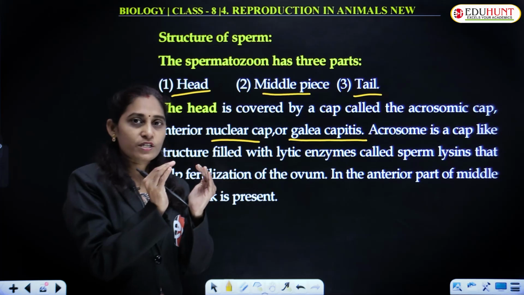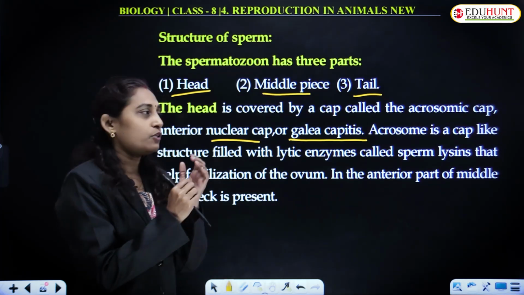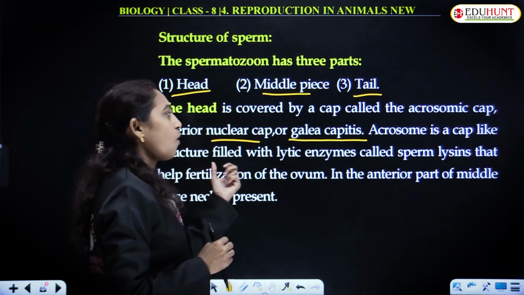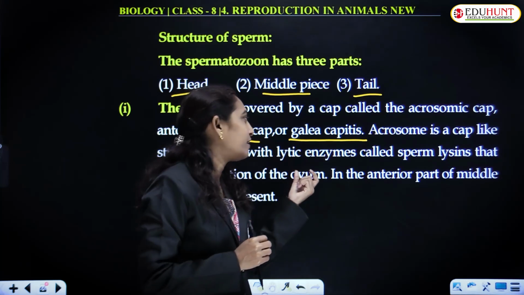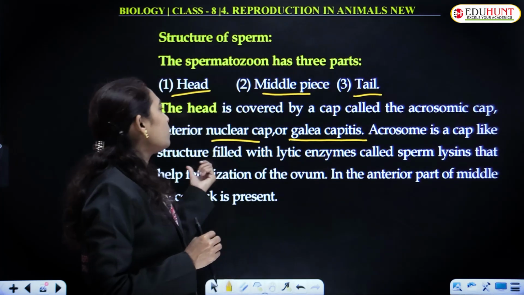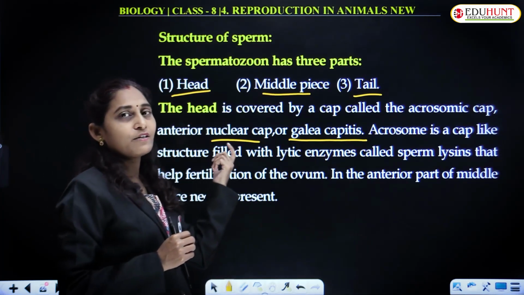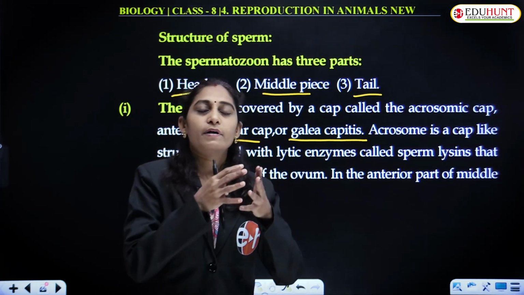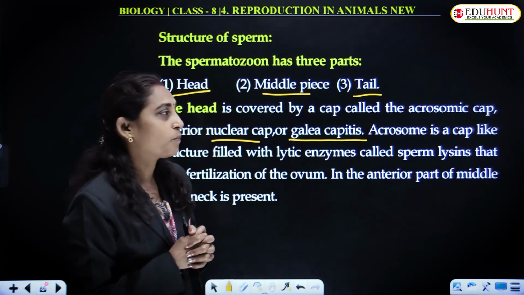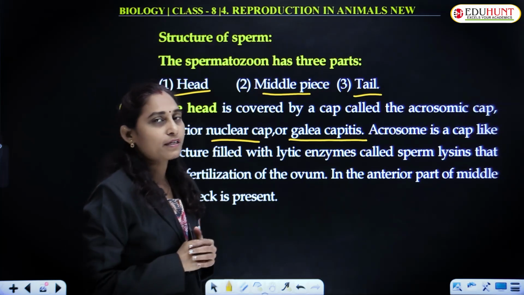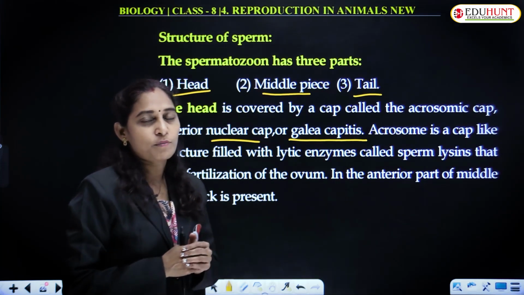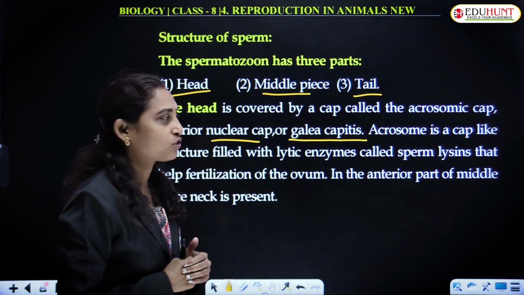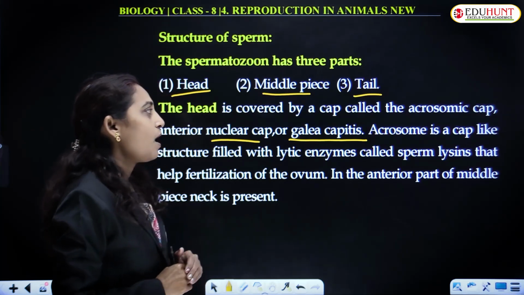The head encloses the nucleus. The nuclear part of the sperm is known as Galea capitis or the nuclear cap, and the tip is known as the acrosome or acrosomic cap.